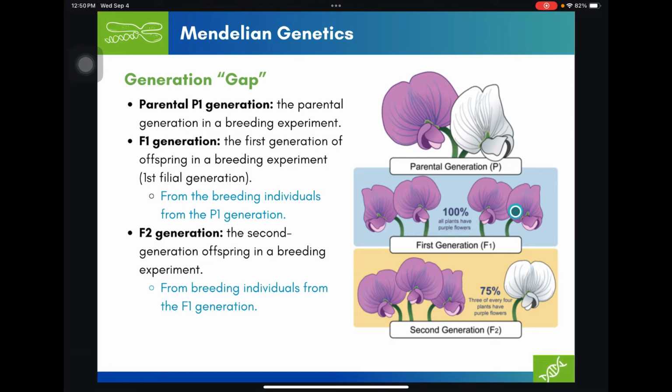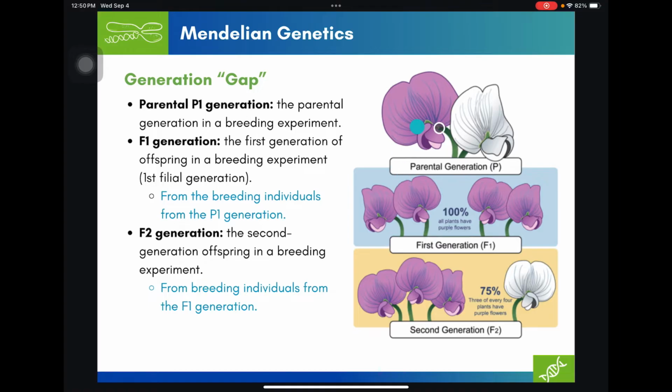Mendel particularly used the terms parent or P1 to F2 generations. When we say parent or P1 generation, this is actually the original plant that he bred. Do take note that the parent generation contains pure strains. The resulting offspring of our parents is none other than the F1 generation.